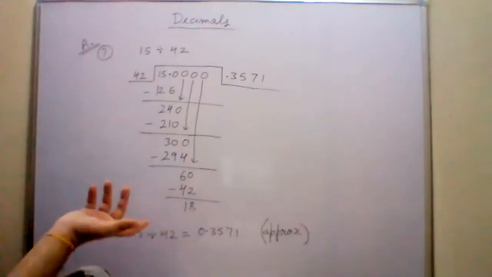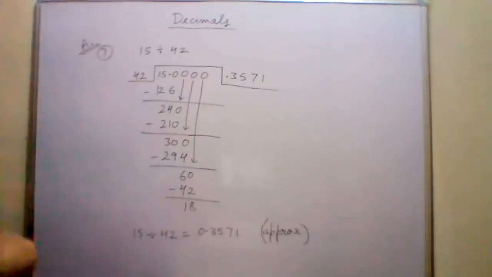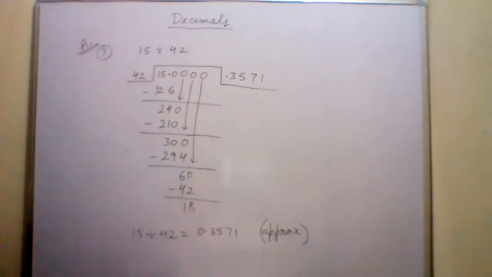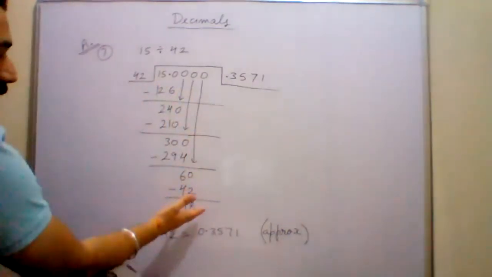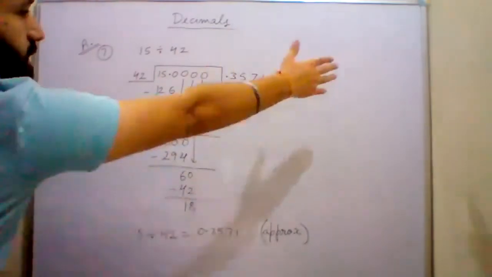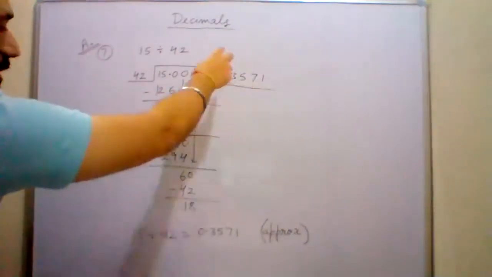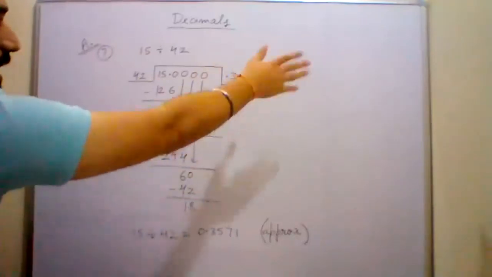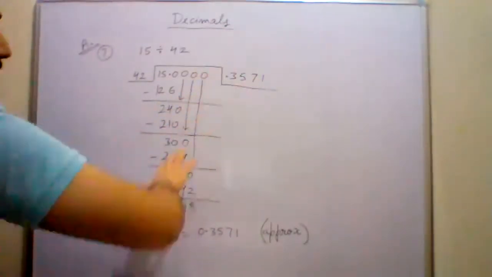So how long will we keep doing it? It will go to infinity. It will keep on going like this. So you will never get a remainder 0 in this case. We can have as many decimal places as we want, infinite, unlimited decimal places.